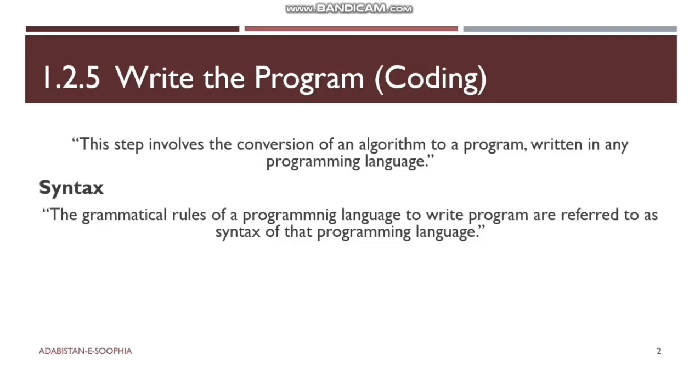It uses English-like words and symbols, math symbols and digits. In this category we have different languages, for example BASIC, COBOL, Fortran, C++, C, Java, C#. These were a few high level languages.